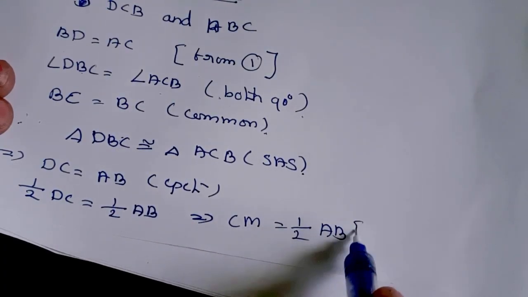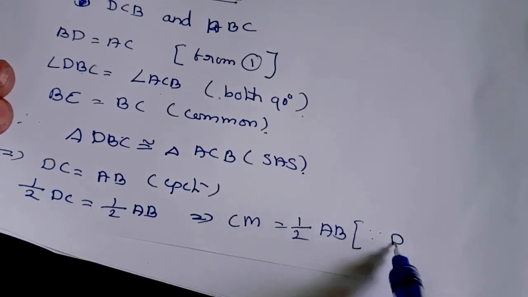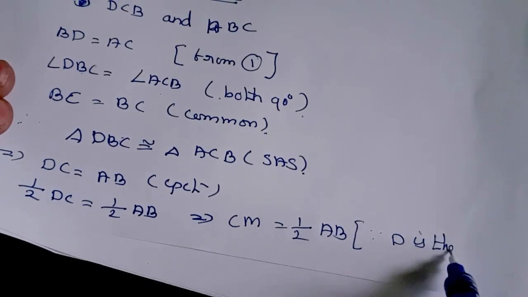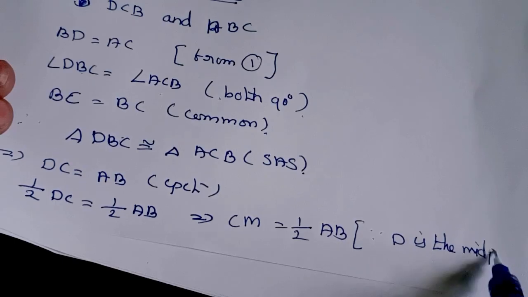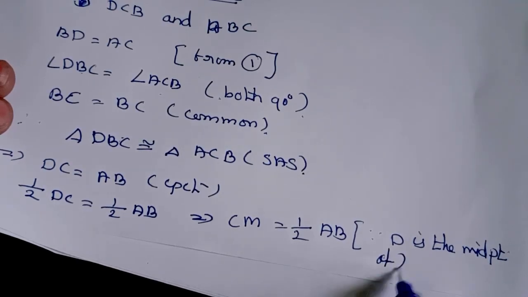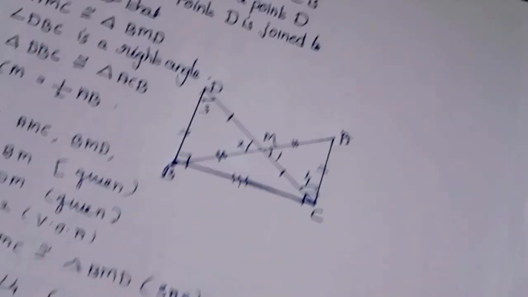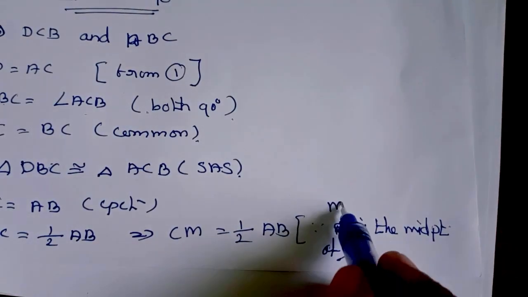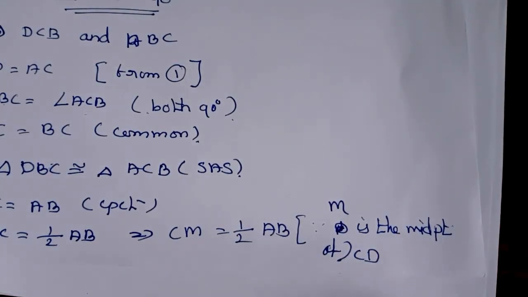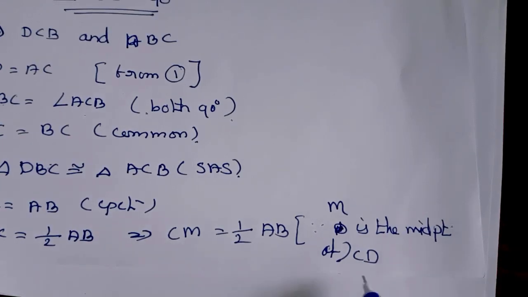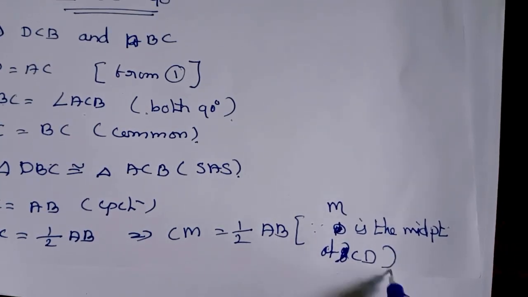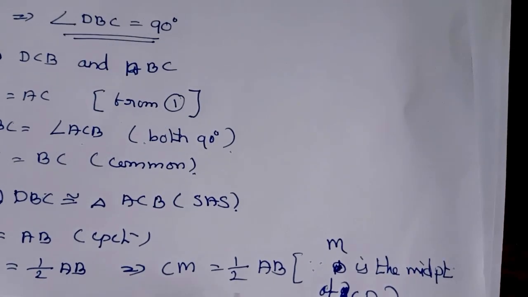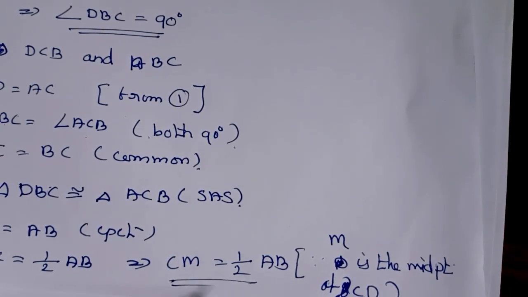Reason, since M is the midpoint of CD. CM equal to half AB, and that's the last part we have to prove.